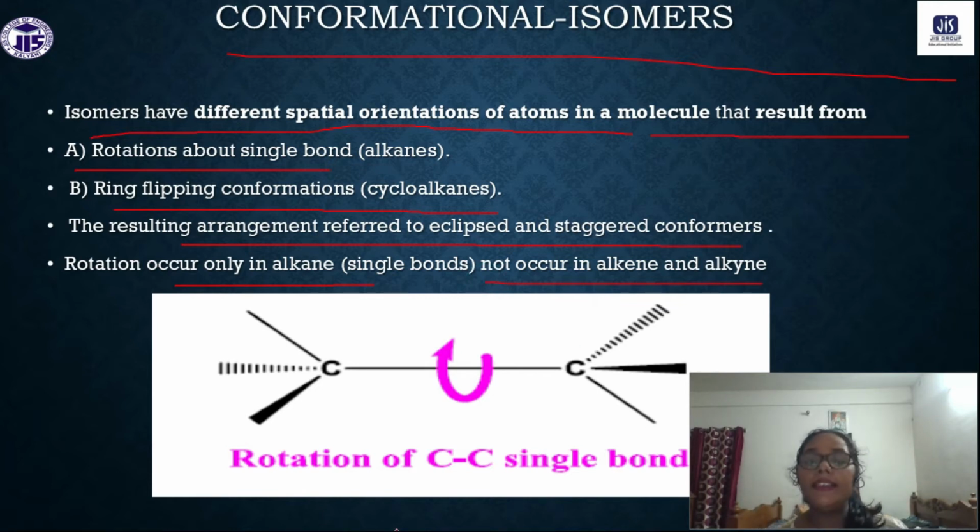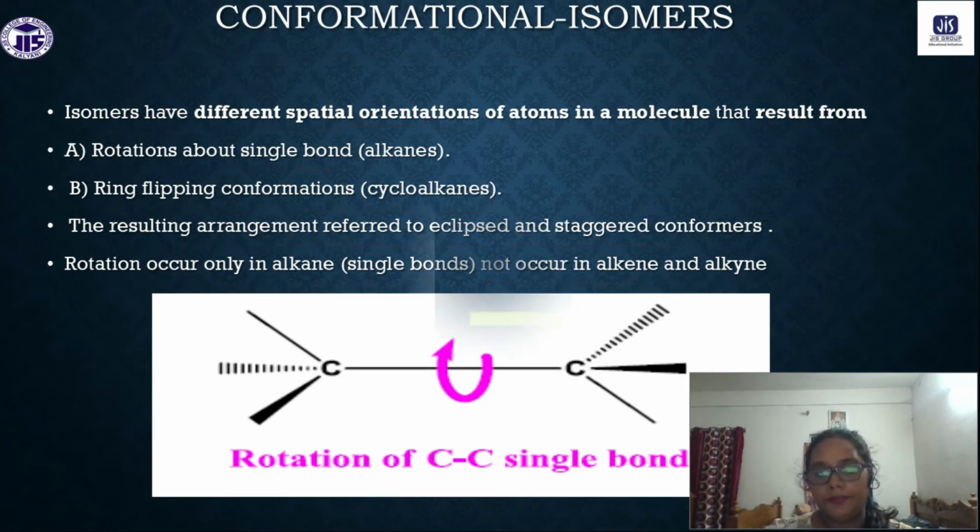Okay, only single bond rotation. These types of isomers form only by the single bond, not the double bond. If we have a double bond or a triple bond in our molecule, then we don't have this type of isomer. Only by single bond rotation can we have these isomers.